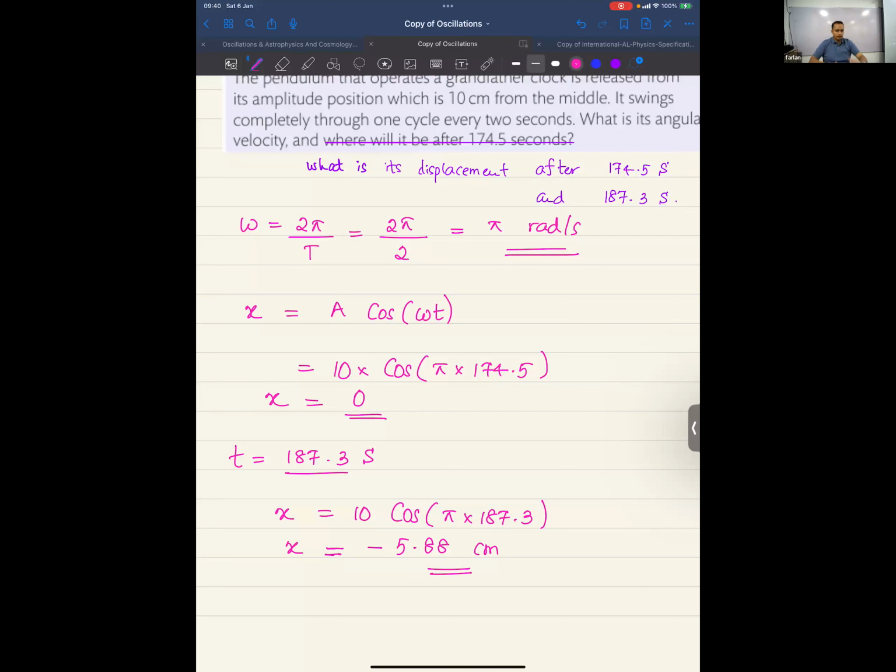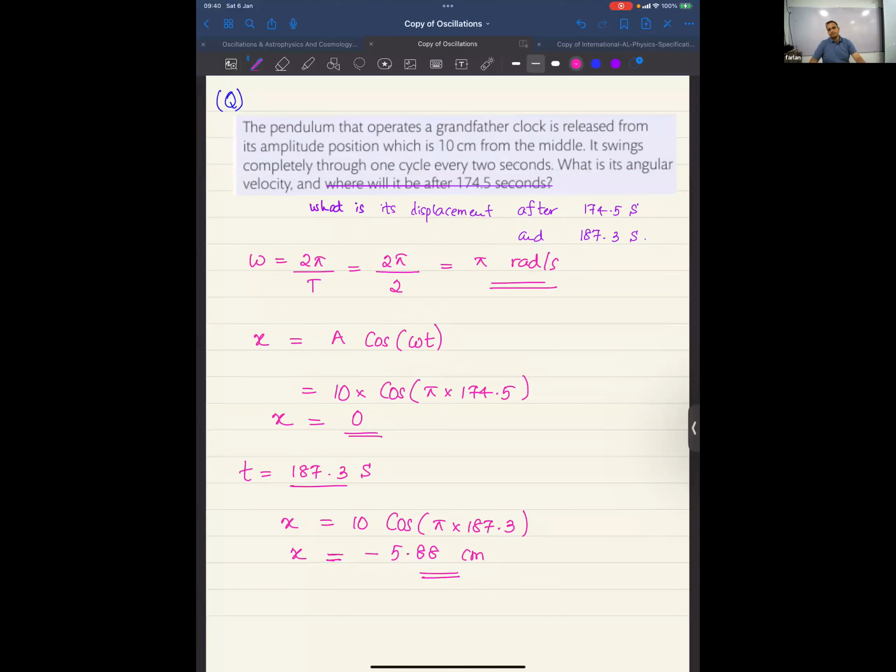Okay. Then how do we know whether it started at x equals 0 or x equals the amplitude? Question says it is released from its amplitude. So it started from the extreme end. You pull it to one side and you release it.